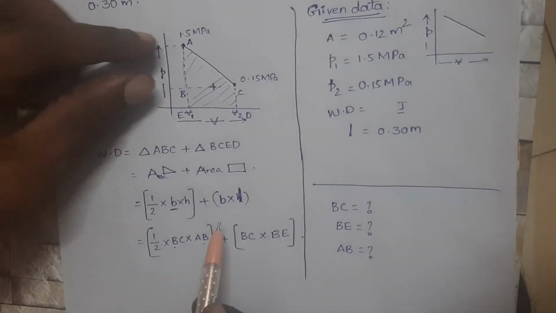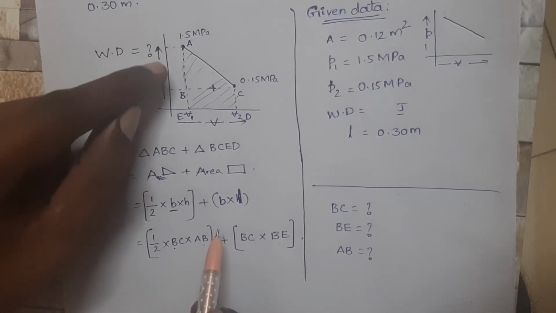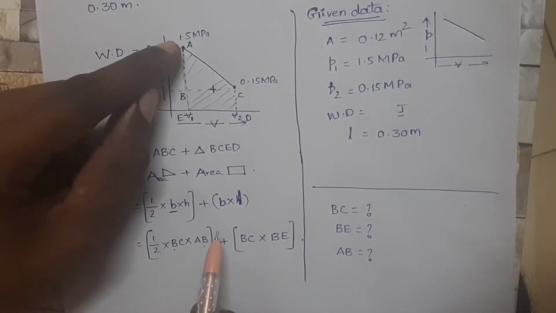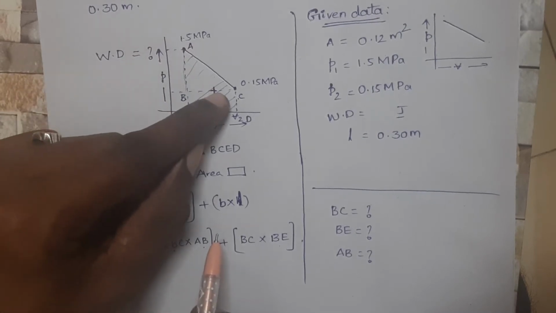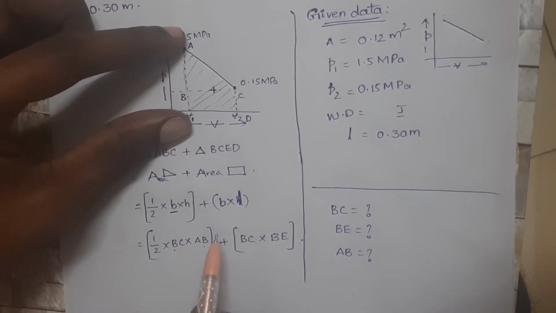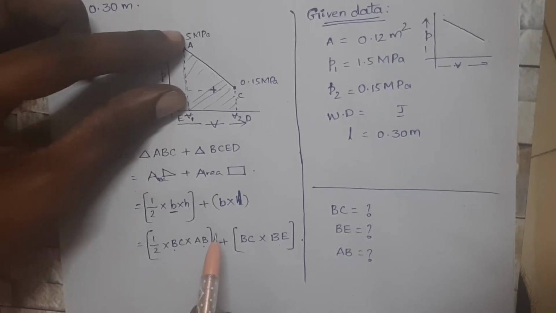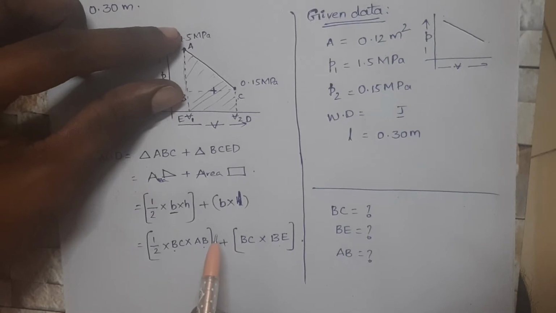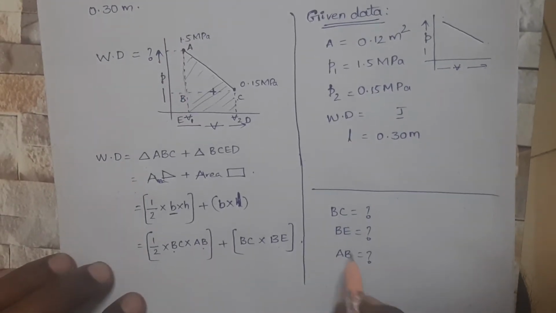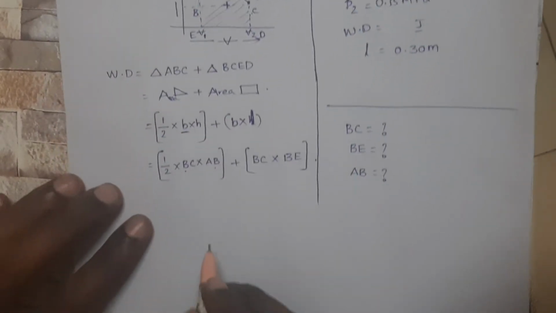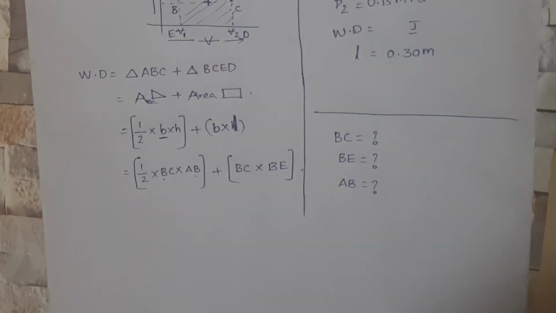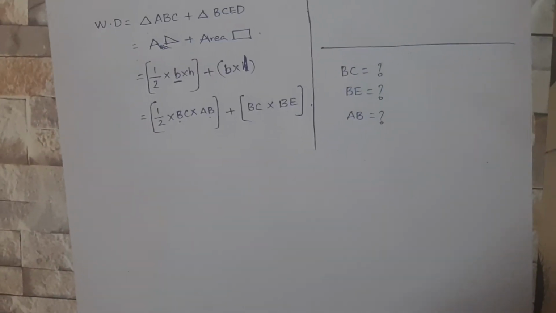So the distance between 1.5 and 0.15, the total distance is 1.5. If we subtract this 0.15, we will get some value, that is x value here. So like that I will calculate AB.